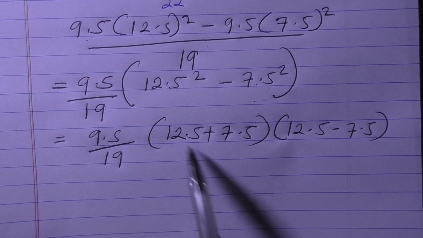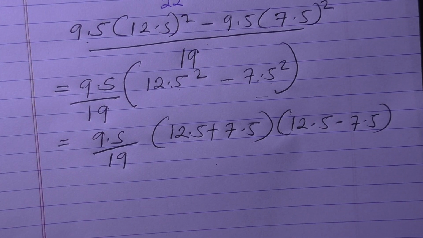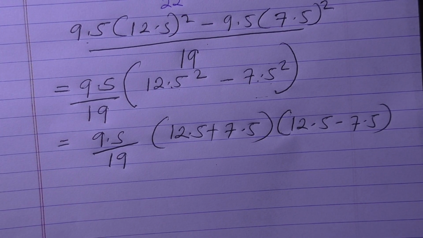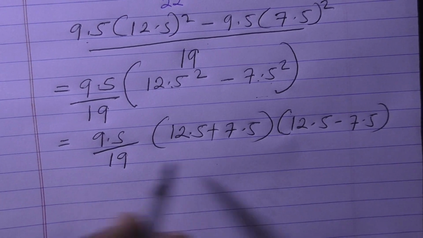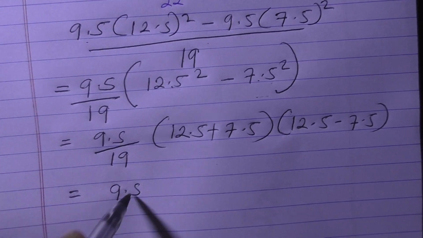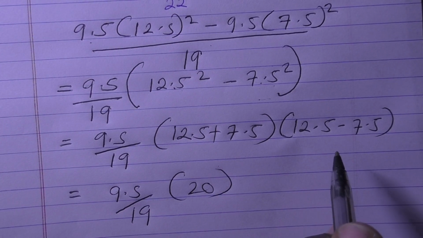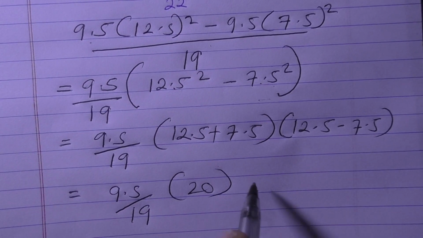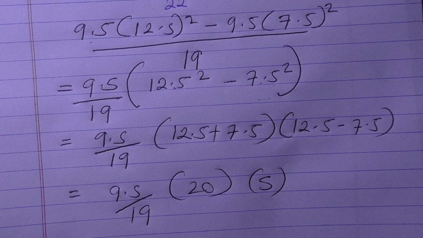So we can add 12.5 plus 7.5, that gets us 20, so this becomes 9.5 over 19 into 20, and then this one will be 5.0, which we can take as 5.